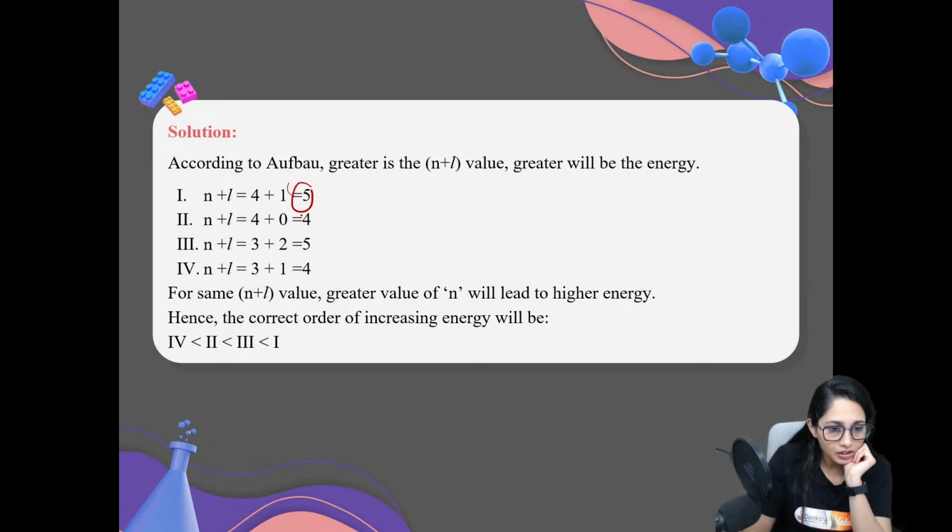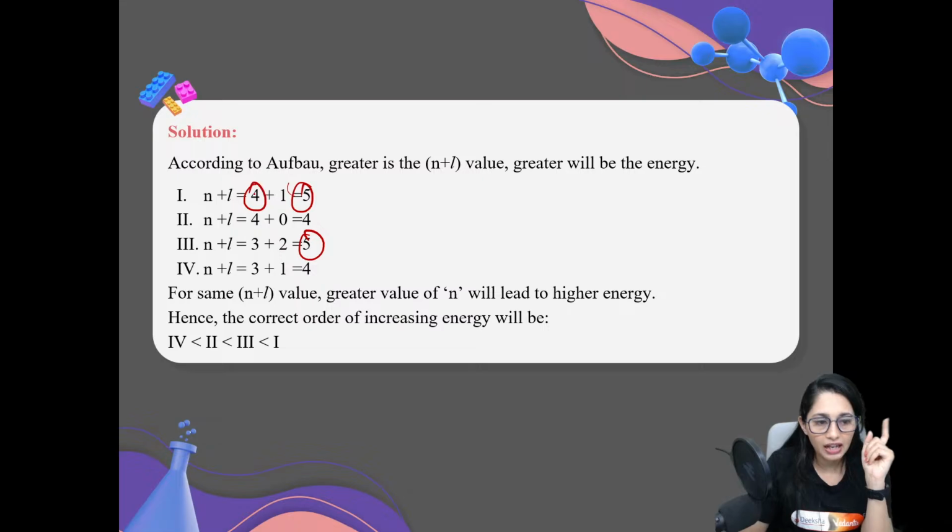For example, here and here, the n plus L value is equal. So which will have the highest energy? This will have the highest energy, because the n value is more here. Here it is 4 and in the third one it is 3. That's why the fourth one has the lowest energy. N plus L value is equal but n value is different.